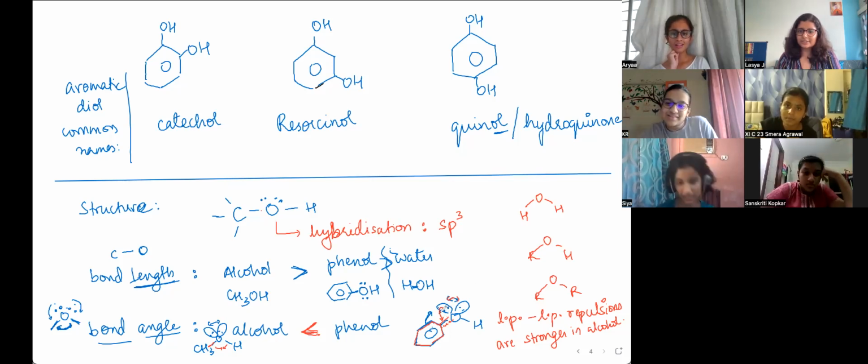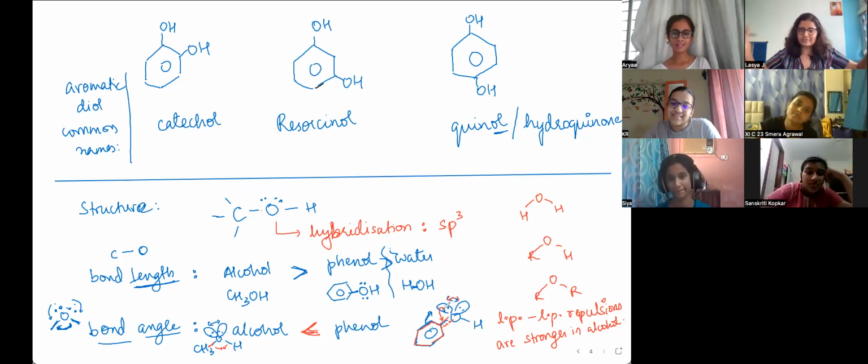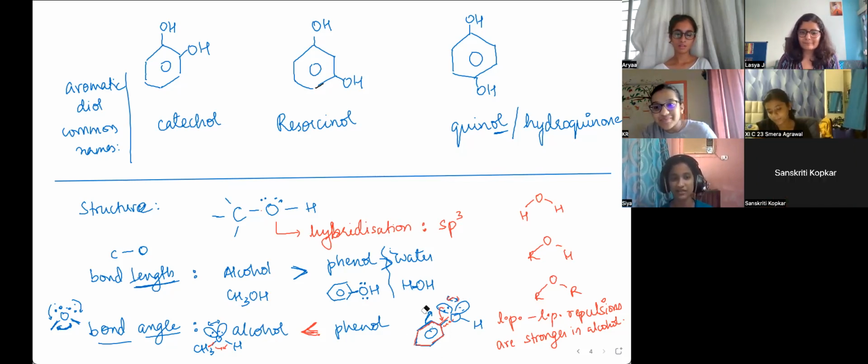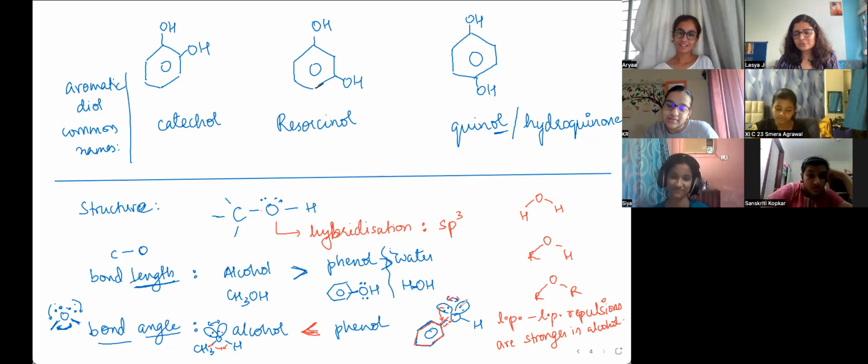So the repulsion isn't technically just everything pushing away from each other. These two are interacting. So I didn't think that bond would also go inside the benzene ring. Yeah, so that is why. Then it's not repelling, no, ma'am. But then how does it increase? How will it increase? What is the bond angle in sp2 hybridization?